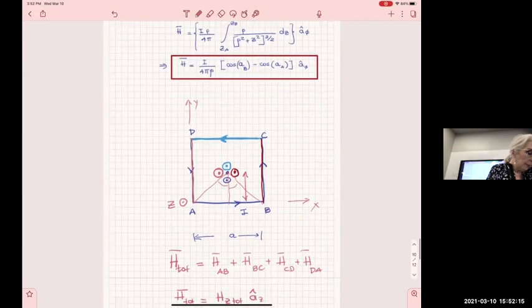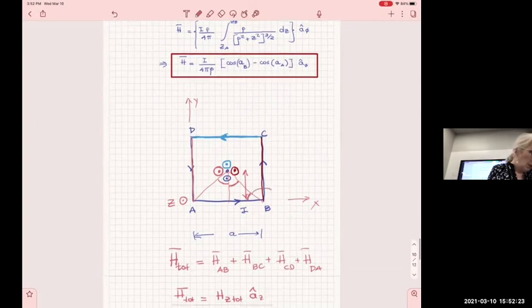These two are 45 degrees. So this is 45, and this one is going to be 135, but did I say 145? Yeah, 135, because it's 90 plus 45.